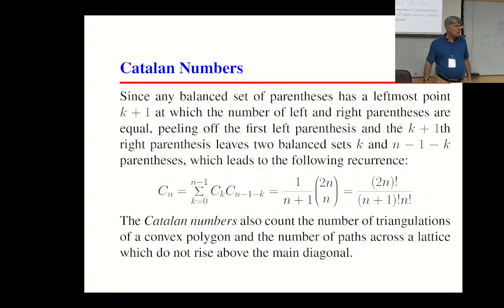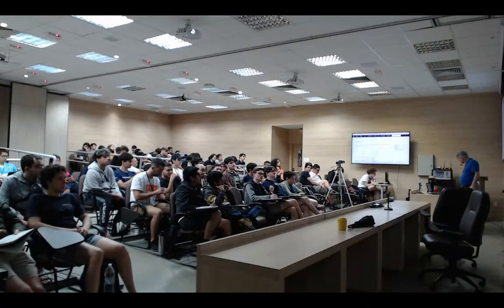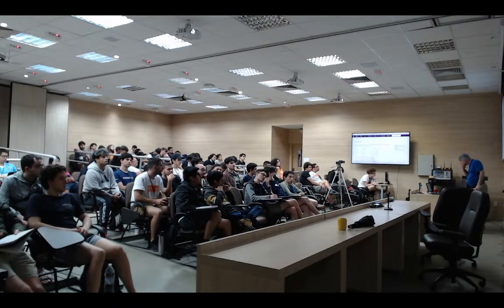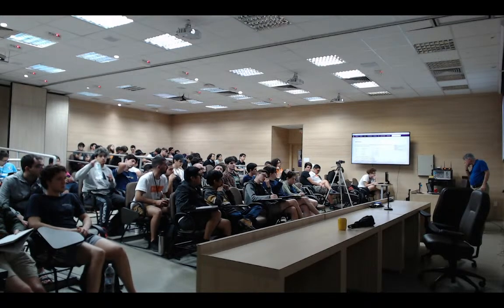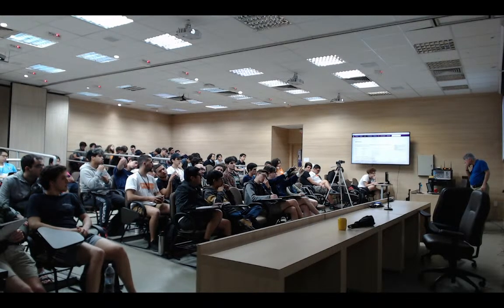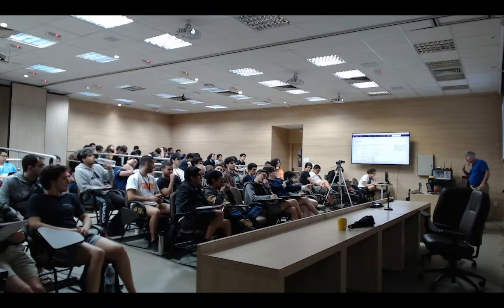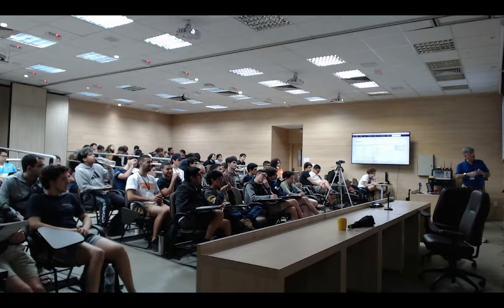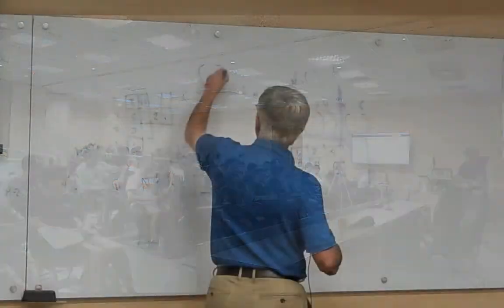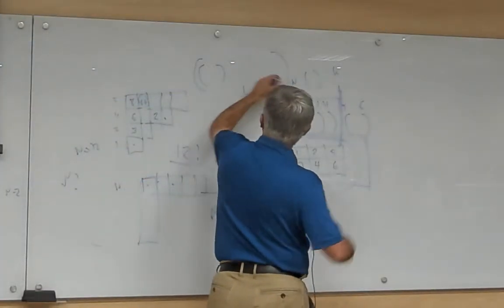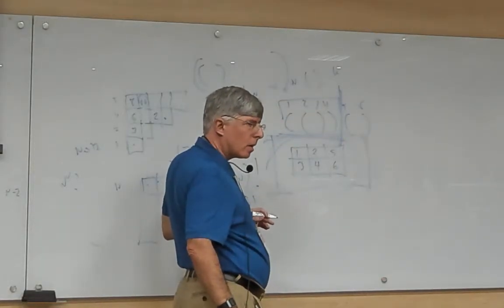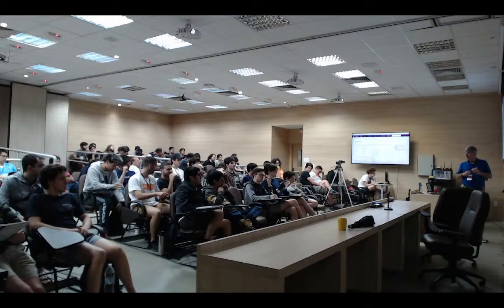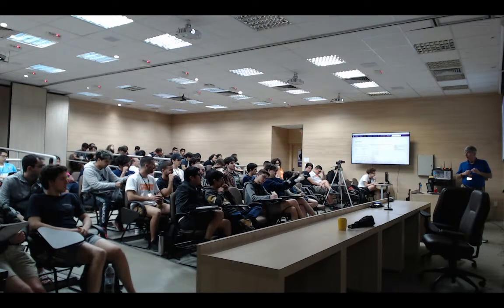Sorry, shouldn't it be C of k minus 1 times C of n minus k? Because if it's the first correct parenthesization, then it must be wrapped entirely. Okay, so there is this question of whether we're counting things where you're allowed an outer parenthesis or not. And if it's not, then it cannot be the first correct parenthesization, because it must be a concatenation of 2 correct ones.